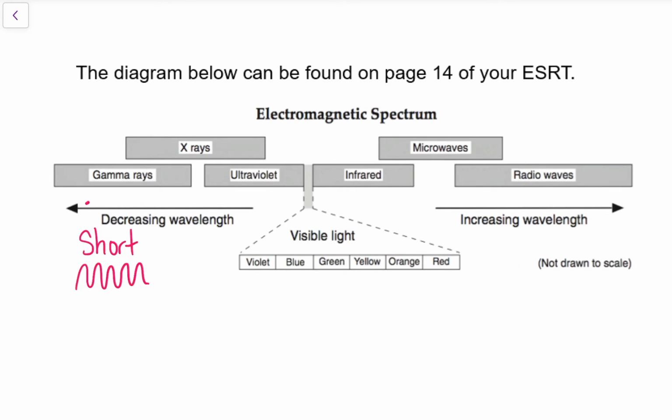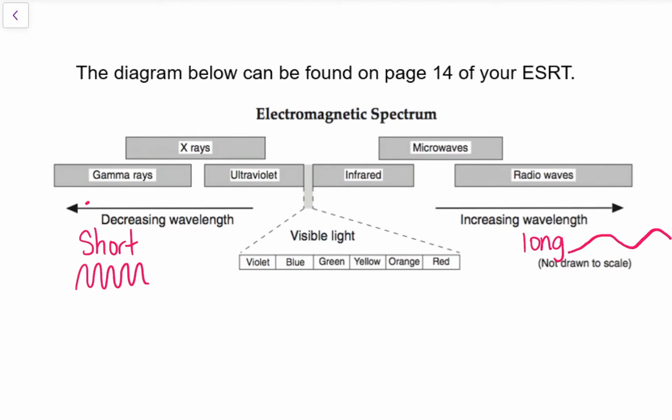And on the other side of our chart, we have long wavelengths. And these long wavelengths have low energy. They're honestly probably even smaller than what I drew there. I'm going to redo it. Low, long wavelength. So when we're reading this chart, the short wavelengths are on the left side, the longer wavelengths are on the right side.